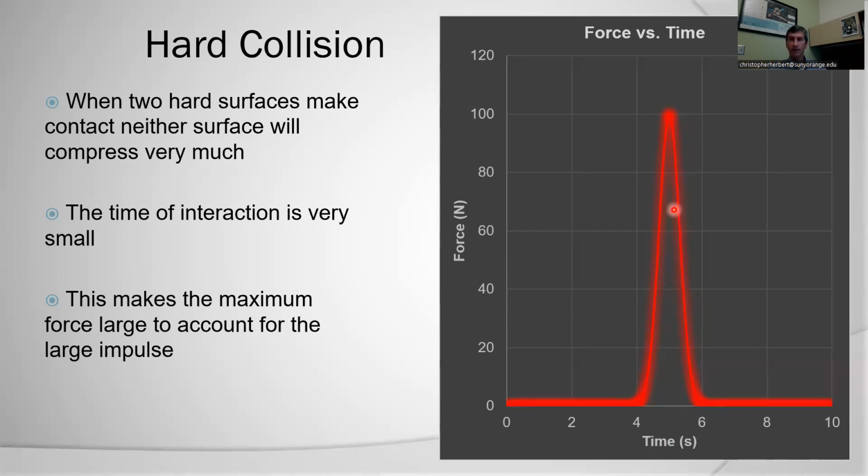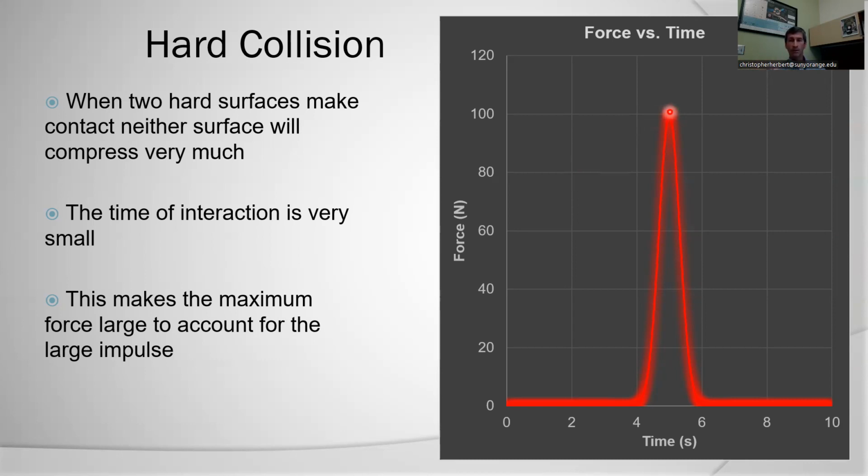So if we effect a change very, very quickly, this is going to produce a very sharp peak with a large maximum force. Now, think about this. In the case of collisions, if we're trying to take a look at safety, it is the force that we're most worried about, because if the force exceeds the breaking strength of, unfortunately, let's say our bones, if we're hit with something where we have an interaction where the force exceeds what our body can take, we are going to receive an injury.